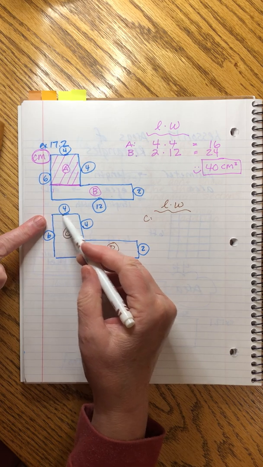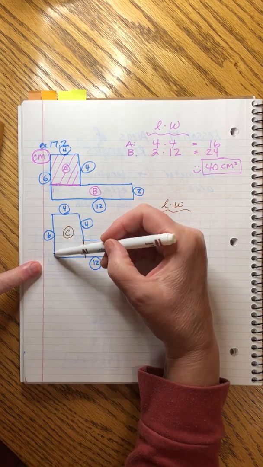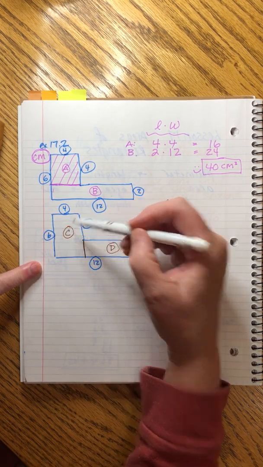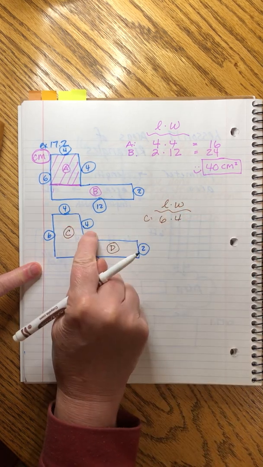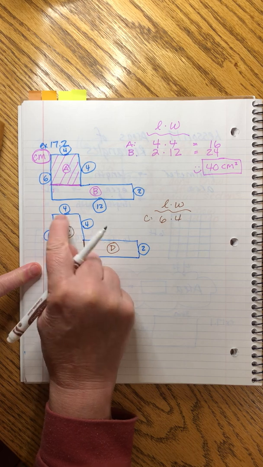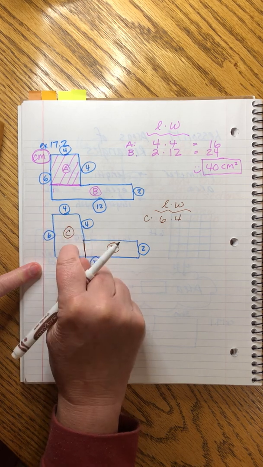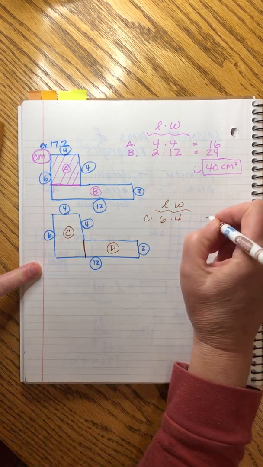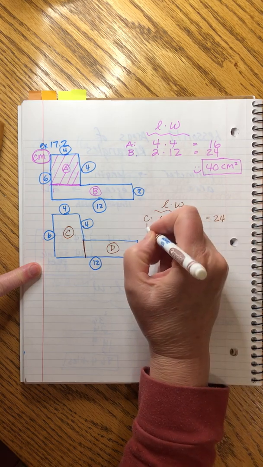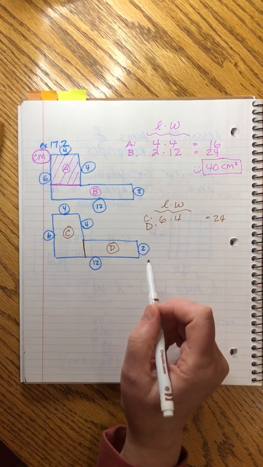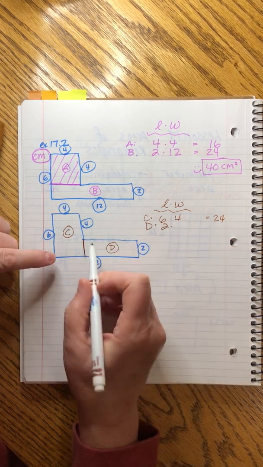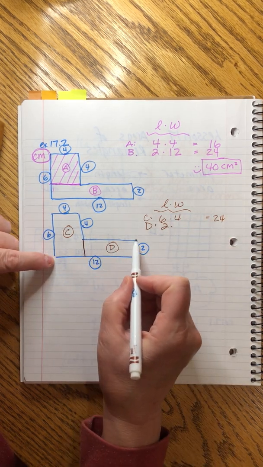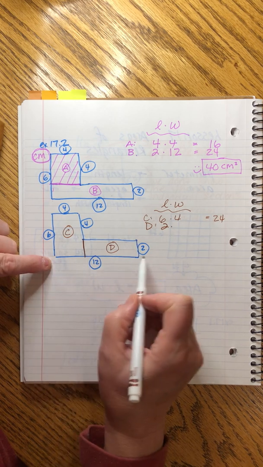This one now is 4, look, the long side is 6. Now all this side is part of C. So I'm gonna say 6 times 4, that would be this 4, not that 4. This is the shorter side, this is the longer side. And so that's 24. And then D is 2 times, okay, now we need to know this side. We don't have it, we only have this long side.